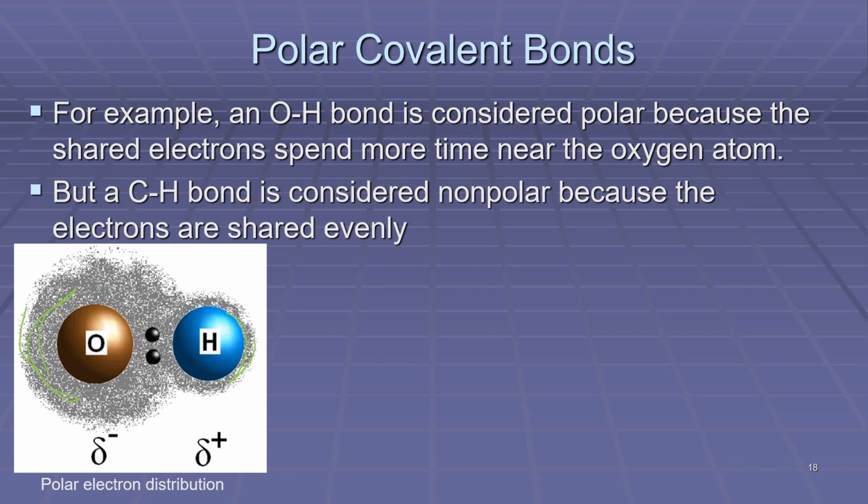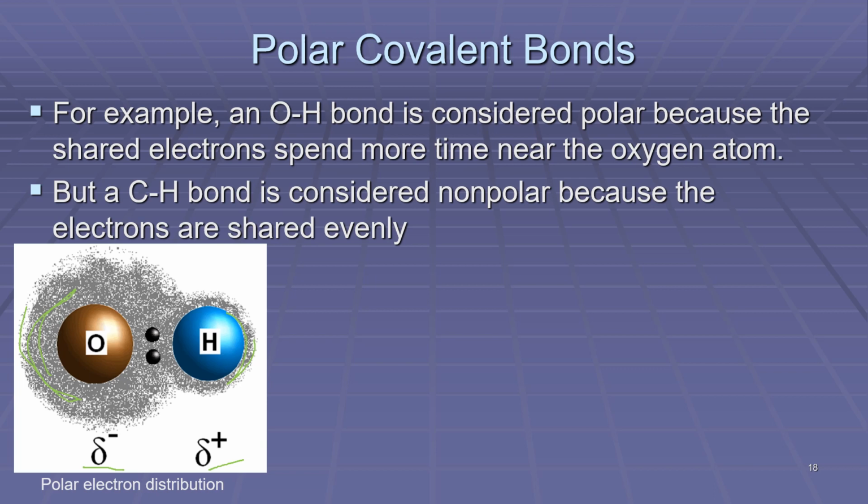And since electrons are negative, this puts what's called a partial negative charge on the oxygen. It's not a full charge because oxygen didn't actually steal the electron from hydrogen. They're still sharing, but it's partially negative because it's a little closer to the oxygen than the hydrogen. And then that means that the hydrogen is partially positive.